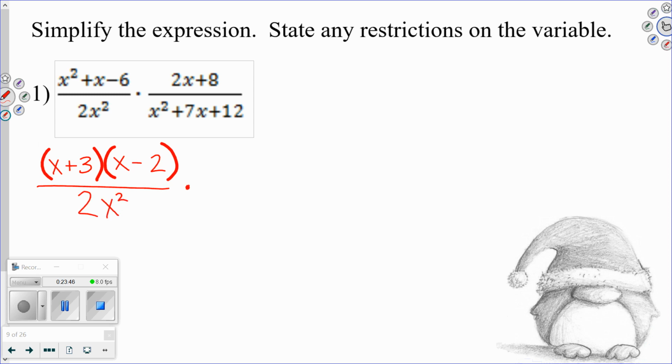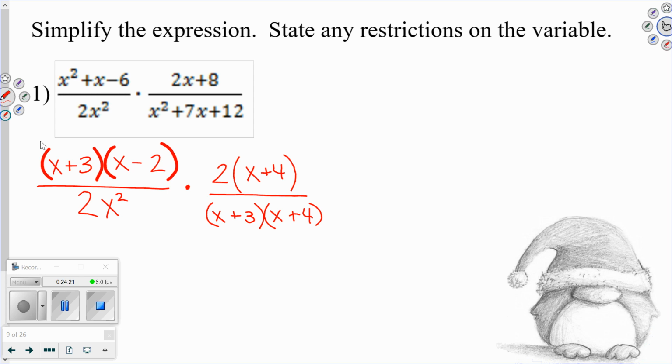Top of the next one, how do you factor that one? GCF, which is 2. Take out a 2. So I have x plus 4. And the bottom, that's regular factoring, both plus. Good, x and x, and 3 and 4. So multiplying, still the same steps, but there's just more to factor, right? There's more parts, there's more pieces.